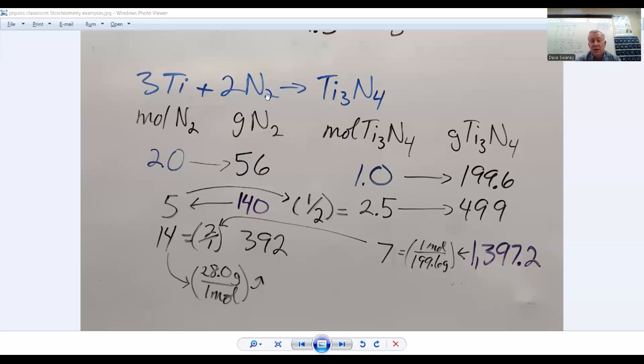Double it, 60. We're going to take the moles here. We're going to multiply by 2 over 1, and realize we need 14 moles of the N2. How many grams would that be? Multiply by the molar mass, and you would need to measure out 392 grams.